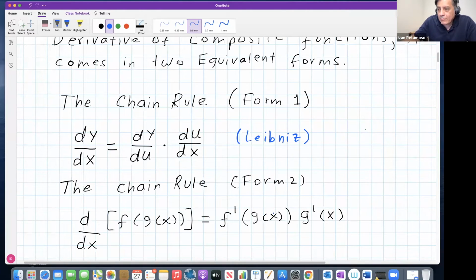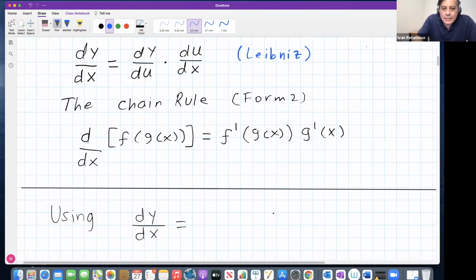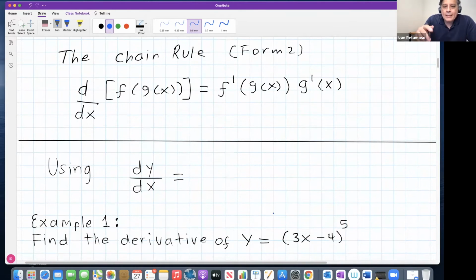The two forms are equivalent, and we're going to use both throughout this course, so try to understand both forms. First, using dy/dx equals dy/du times du/dx. This is the first form of the chain rule.